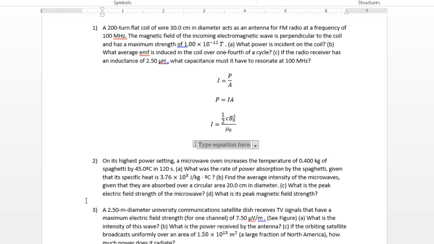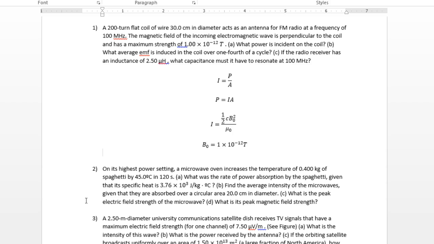All right, so we have B is 1 times 10 to the minus 12 Tesla. We have C is 3 times 10 to the 8th meters per second.